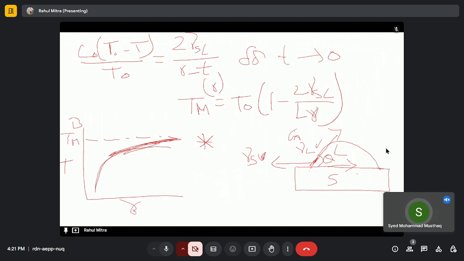Then upon balancing it will turn out to be gamma_SL cos theta equals gamma_LG cos theta, and gamma_SL equals gamma_SV, SG.